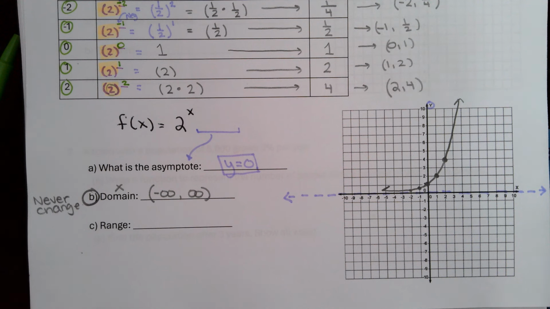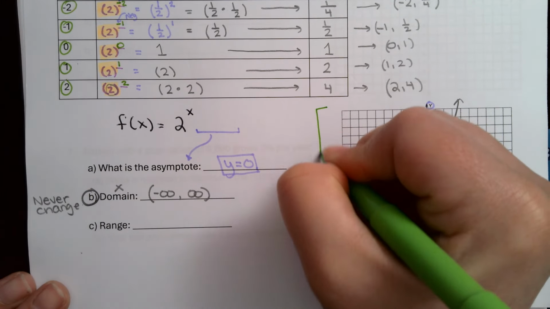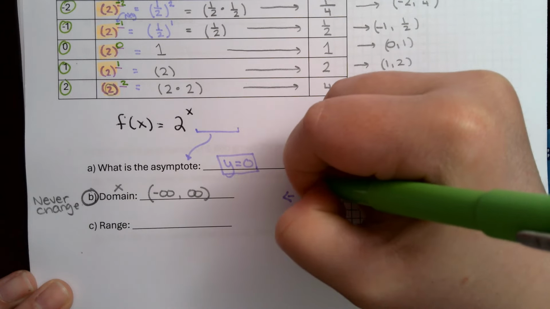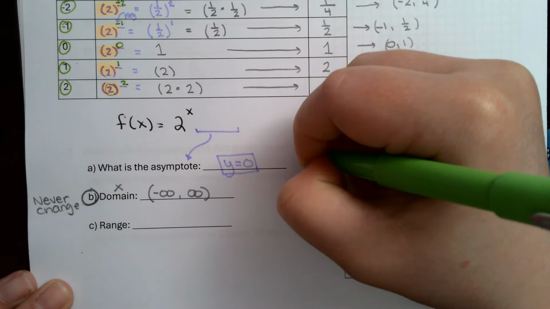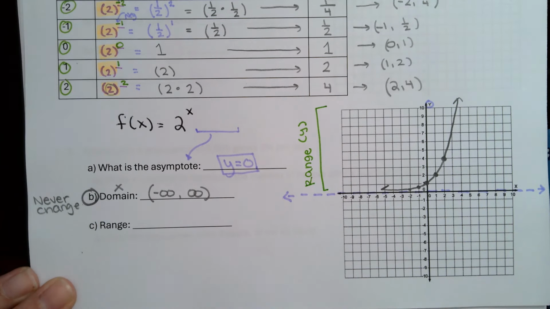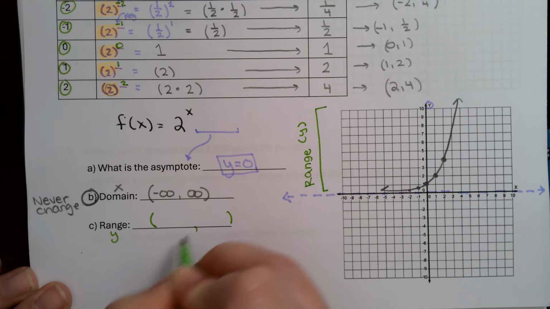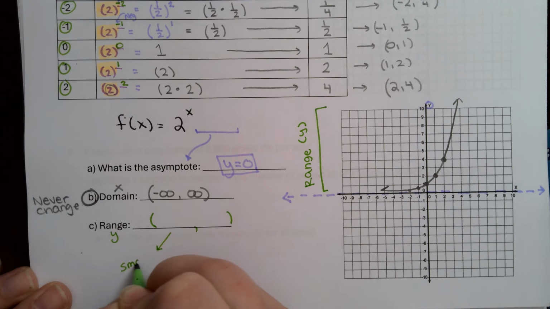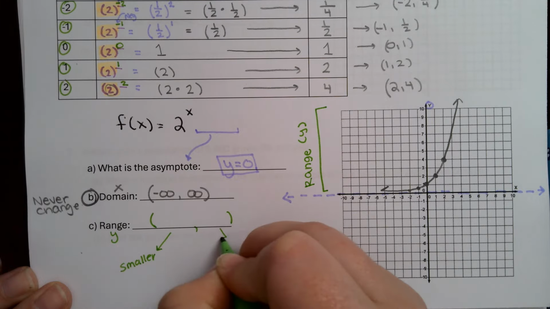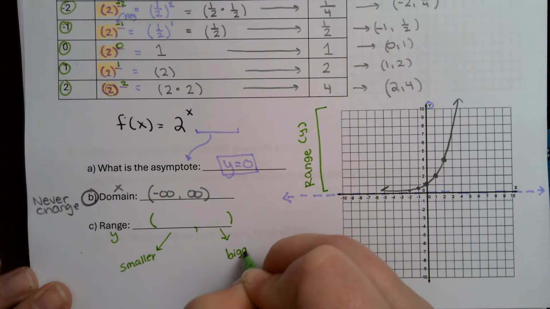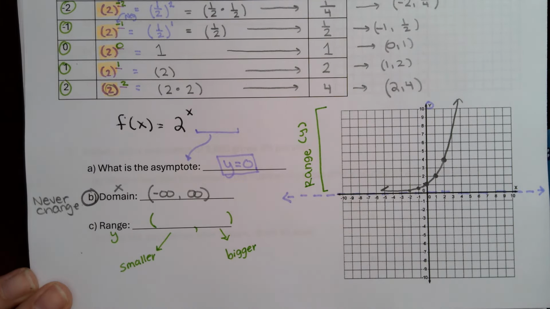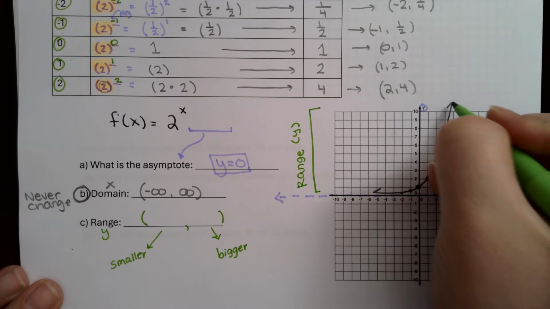However, for your range, you're going to take a look at your graph, and you're specifically focusing on your y values. Your y value will have a smaller and a bigger limit. So what I mean by that is, here we see an arrow.